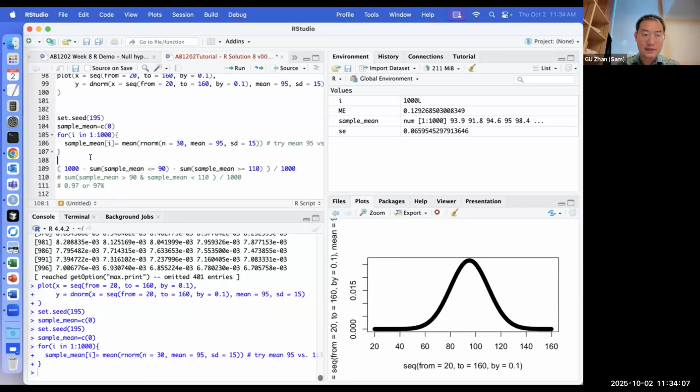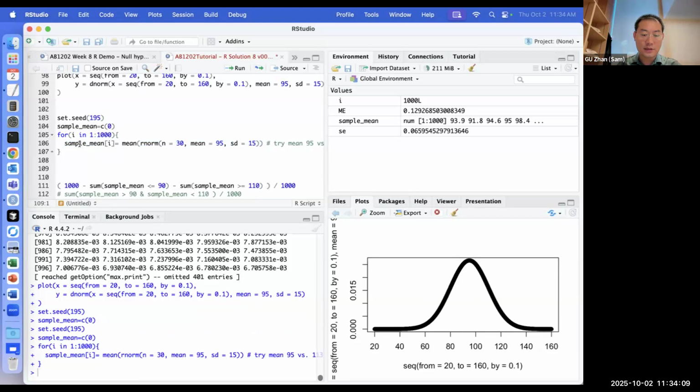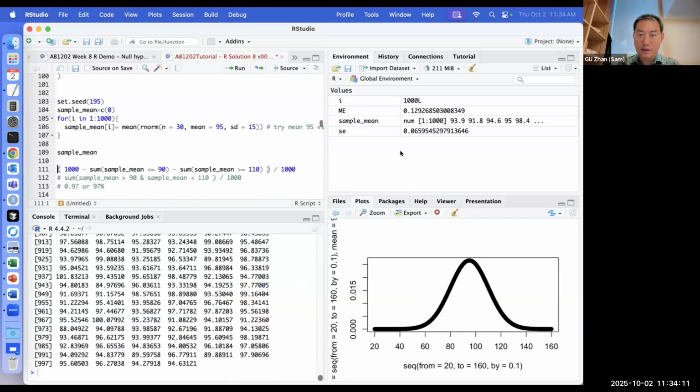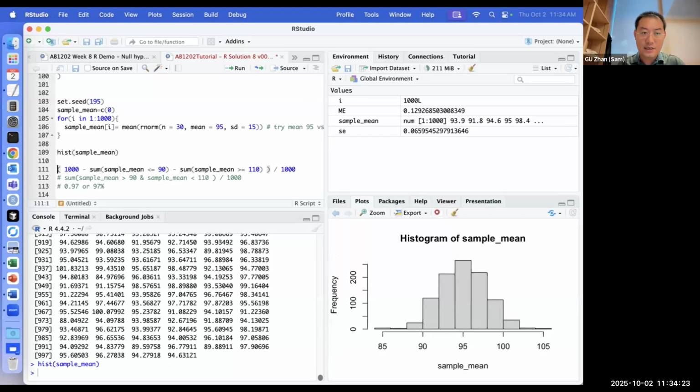After that, you're going to see so many sample means, numbered 1 to 1,000. Each of them is a mean value. The histogram of the sample means is the sampling distribution of the mean.